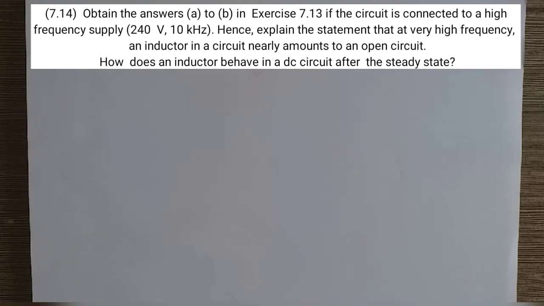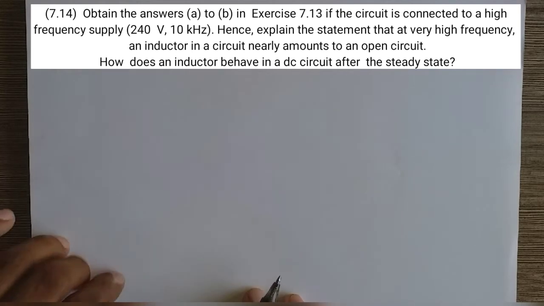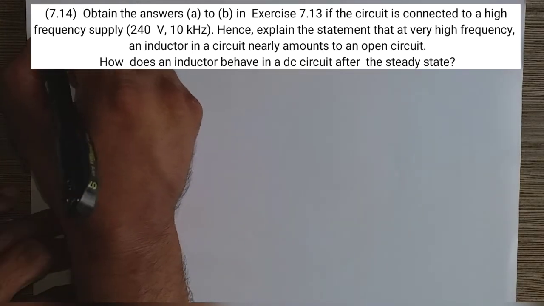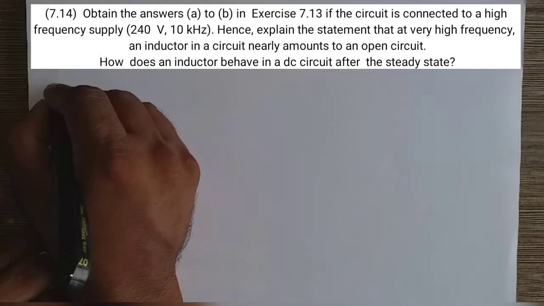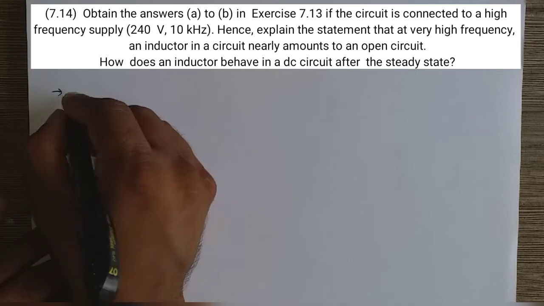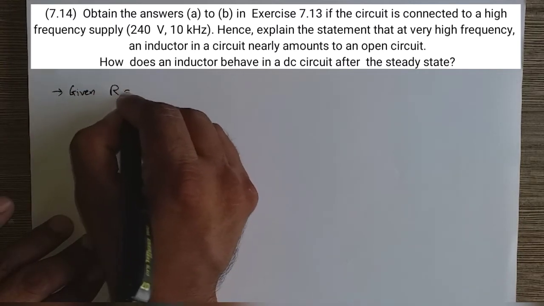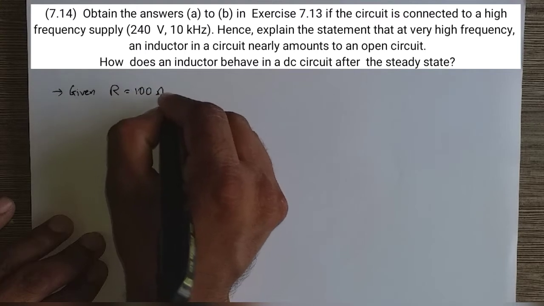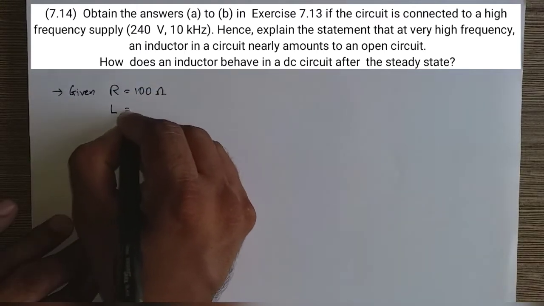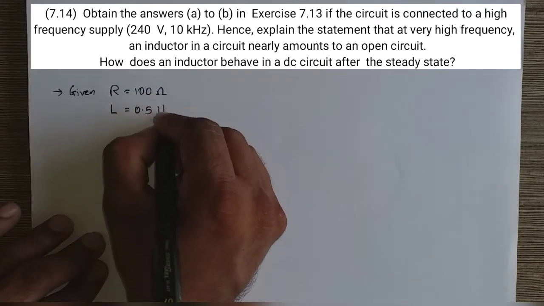So this question depends upon question number 7.13, in which we have the given values. The value of R is 100 ohm, clear? L is 0.5 Henry.